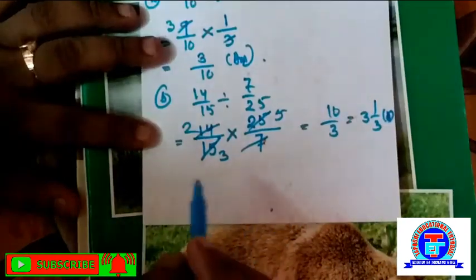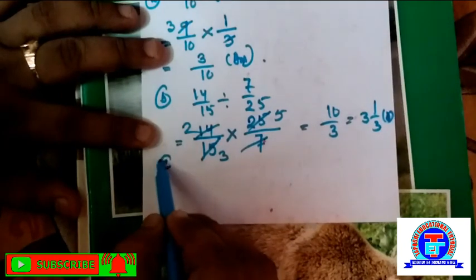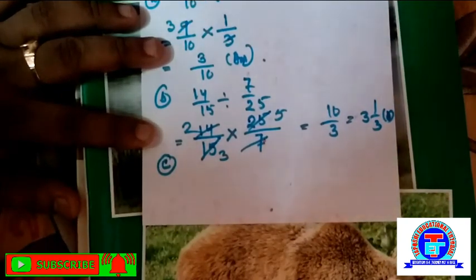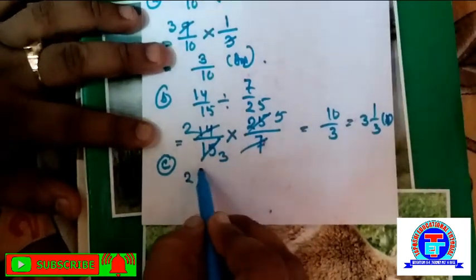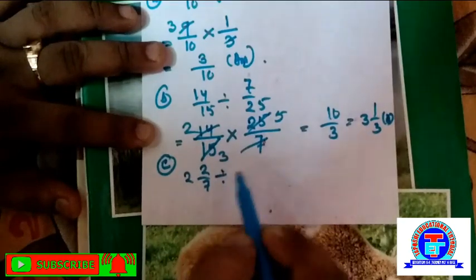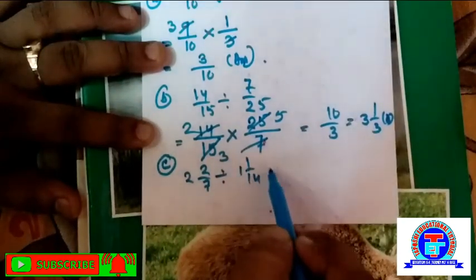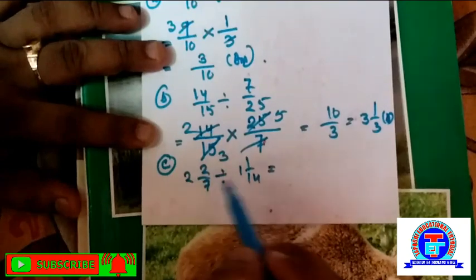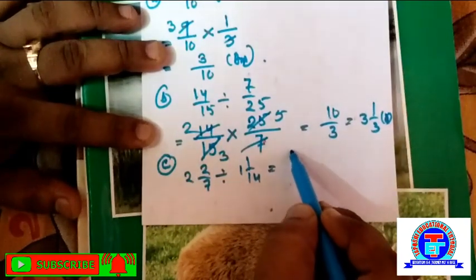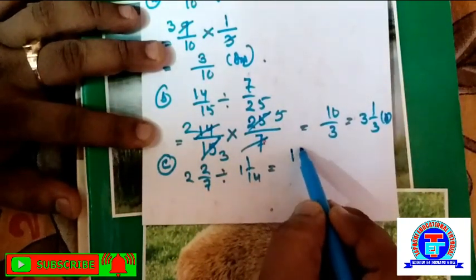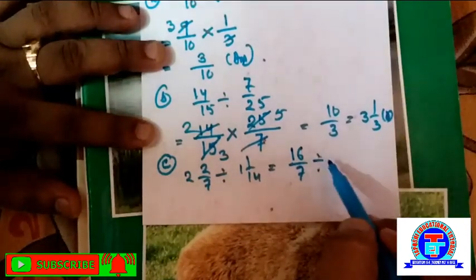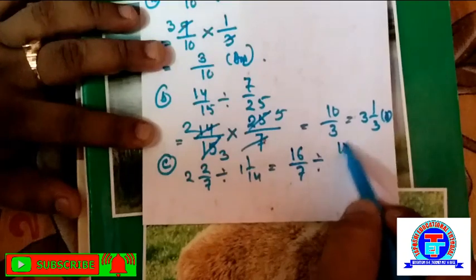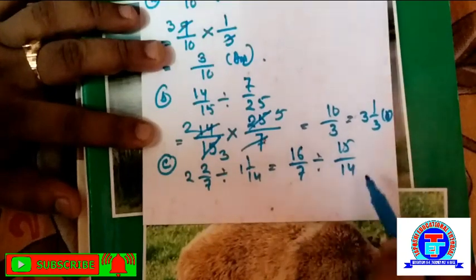Now another problem that we solve, it helps to better understand to solve the division of fraction, right? So here given 2 whole 2 by 7 divided by 1 whole 1 by 14. We convert the mixed fraction into the improper fraction. So this one 14 and 2 16 by 7, and division sign here 15 by 14, right?